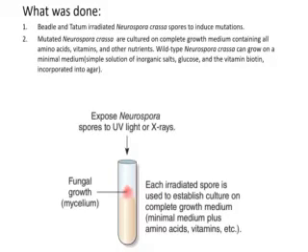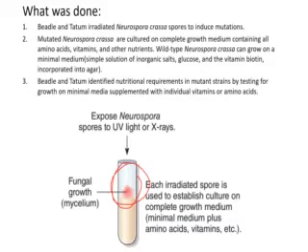From this diagram, as you can see, the Neurospora crassa that is irradiated with UV light or X-ray can grow on minimal medium. Beadle and Tatum identified nutritional requirements in mutant strains by testing for growth on minimal media supplemented with individual vitamins or amino acids.